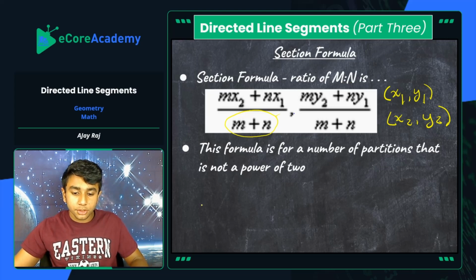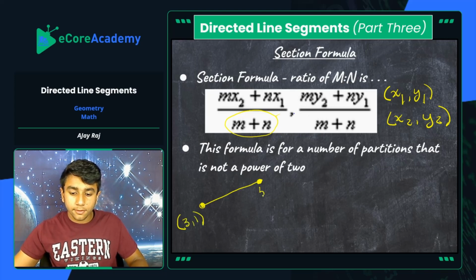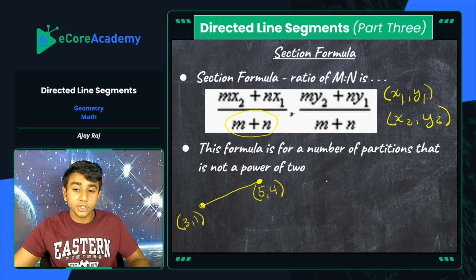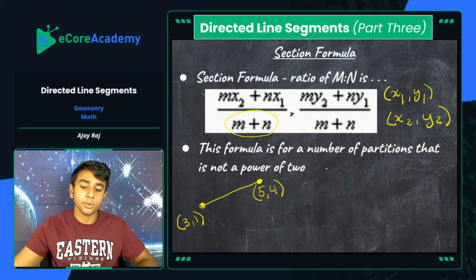So if I'm going to draw another horizontal line segment here, and let's say that we have the coordinates 3, 1, and 5, 4. Now, in this directed line segment, I want to actually partition this into a fairly simple one. Let's do a simple one here with this equation because it's actually quite large.